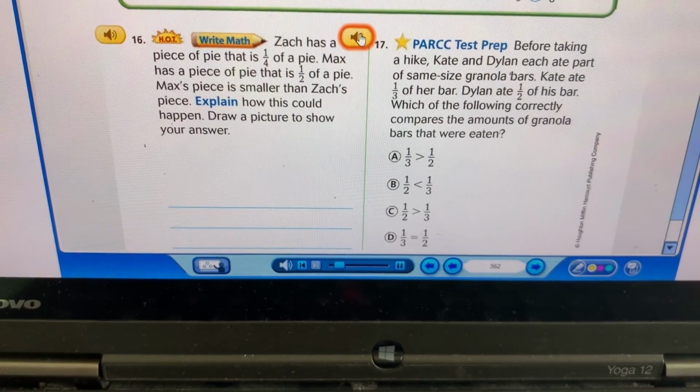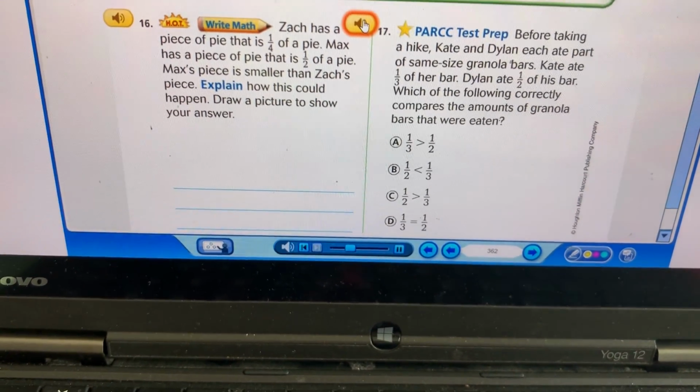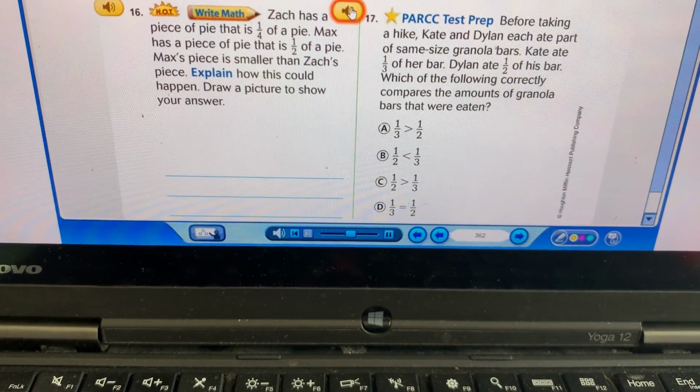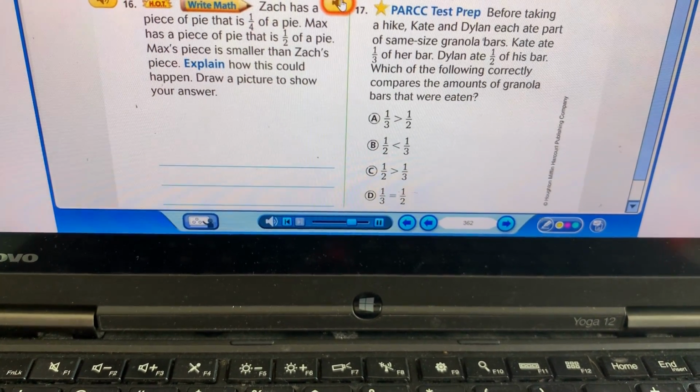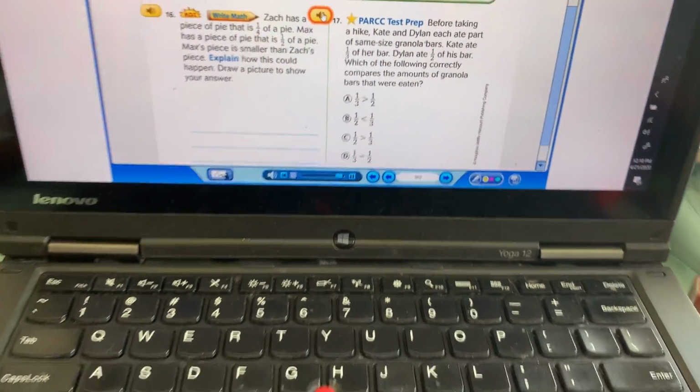17. Test prep. Before taking a hike, Kate and Dylan each ate part of same-size granola bars. Kate ate 1/3 of her bar. Dylan ate 1/2 of his bar. Which of the following correctly compares the amounts of granola bars that were eaten?